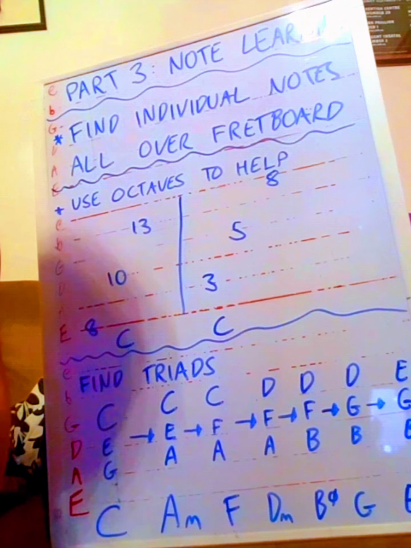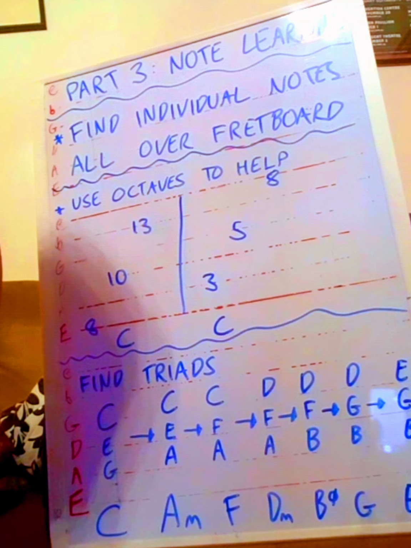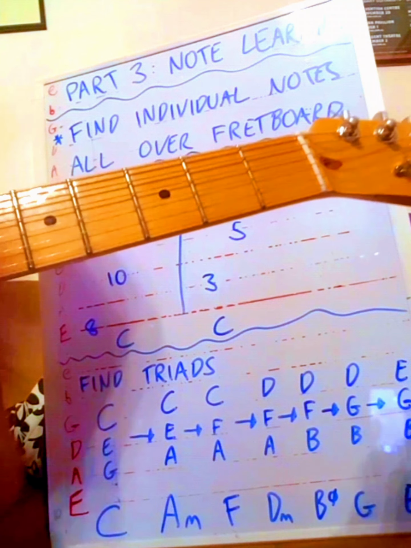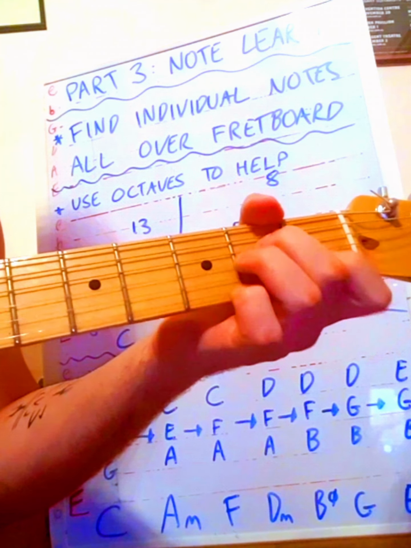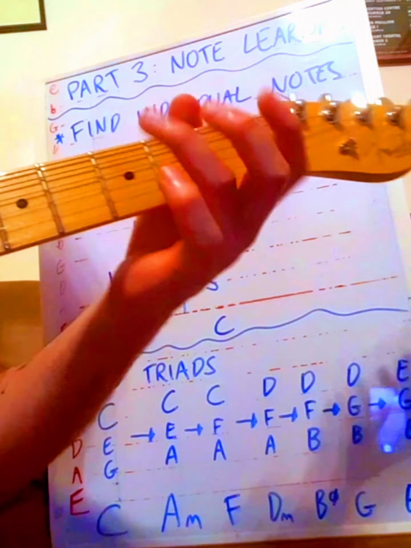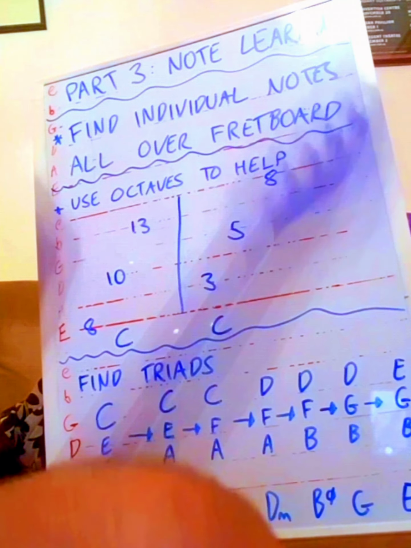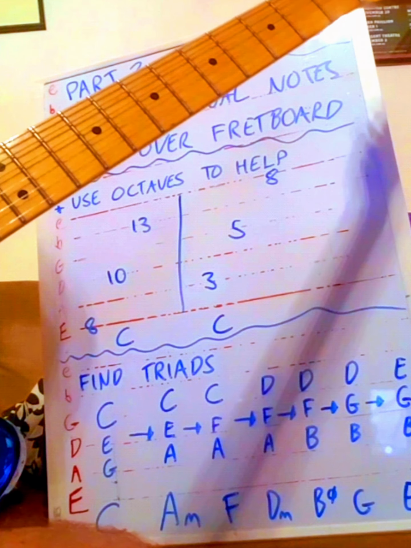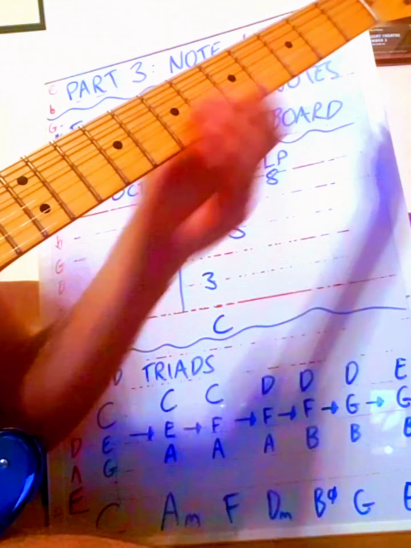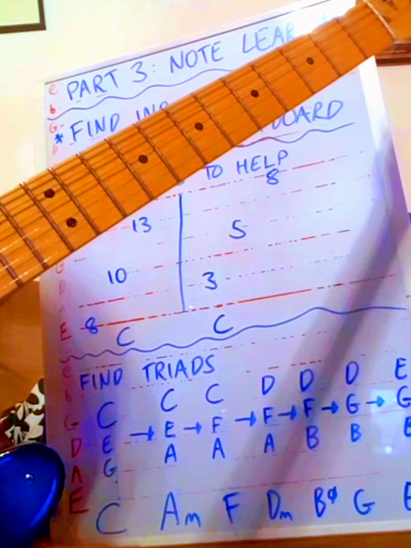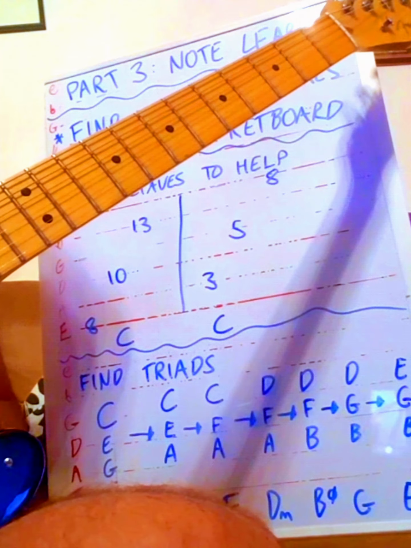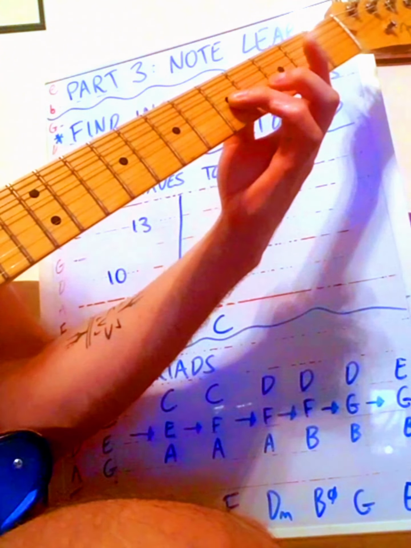Now the second idea here is to find triads. So triads are like your major chords and minor chords and stuff. We're going to look for triads, but not in the sense of playing chords. We're going to look for them in the sense of learning the notes. So if we can find the notes from a C chord to start off with, C, E, and G, now I want to find those 3 notes everywhere.